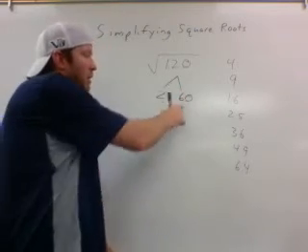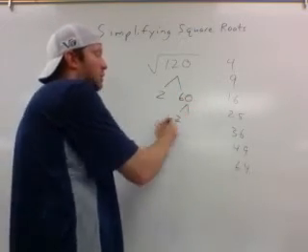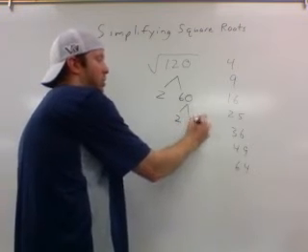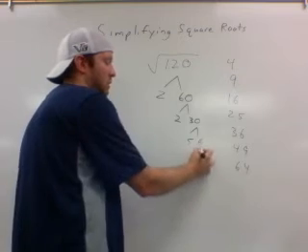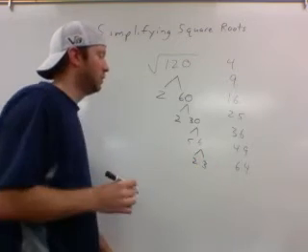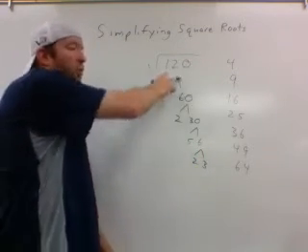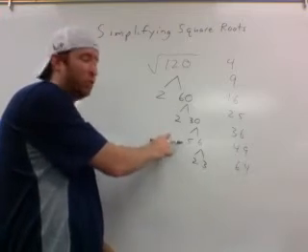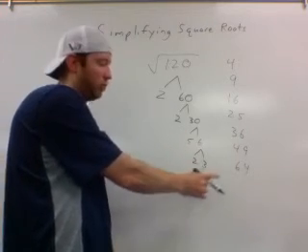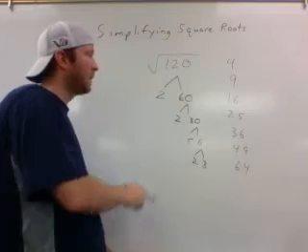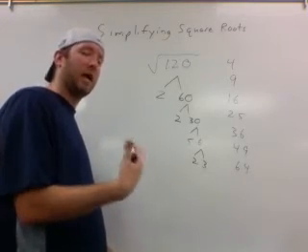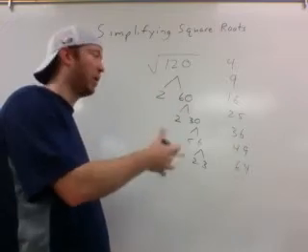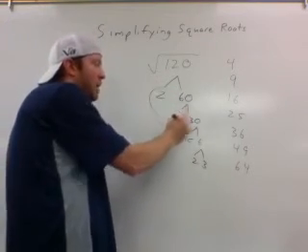And then 60 can be broken down into 2 and 30. 30 can be broken down into 5 and 6, and 6 into 2 and 3. So really 120 is 2 times 2 times 5 times 2 times 3. Since this is a square root, what I want to look for is two numbers times themselves, what number squared works in there. So I'm looking for pairs.